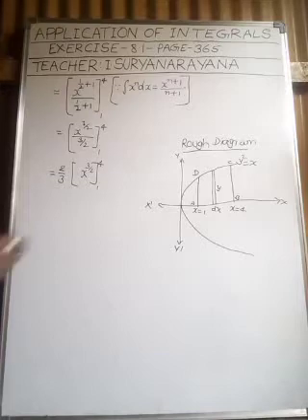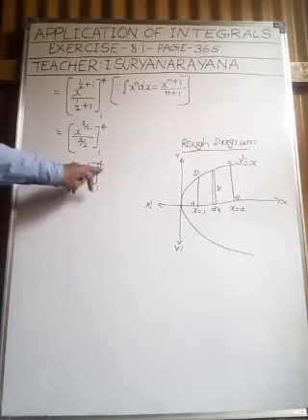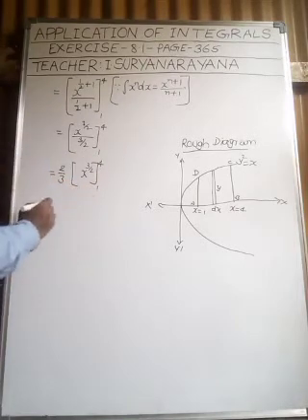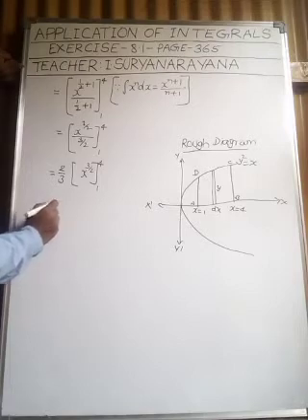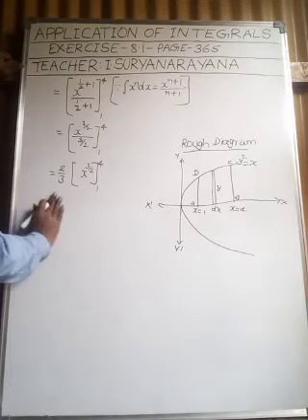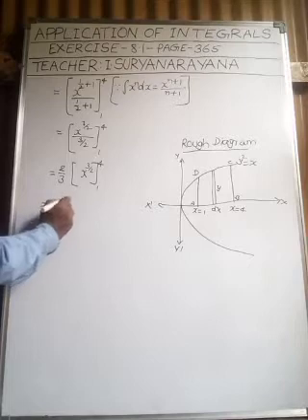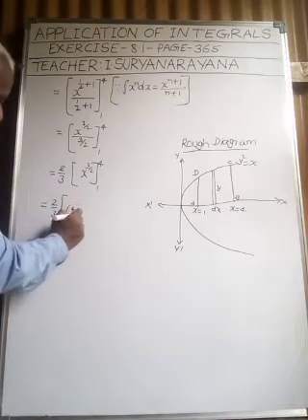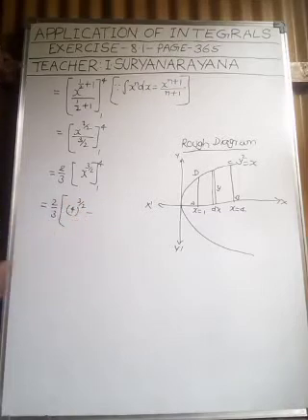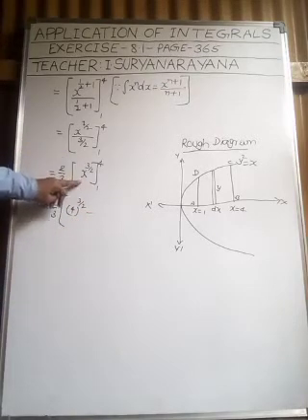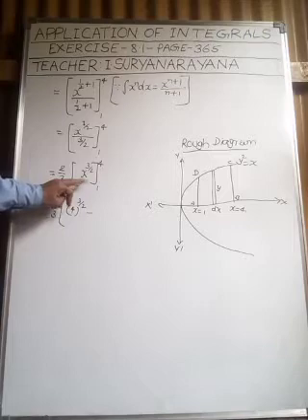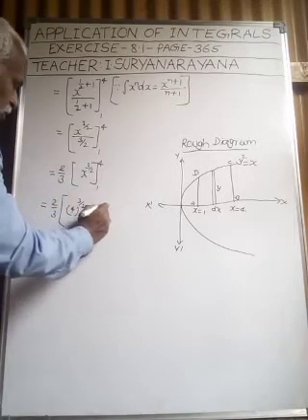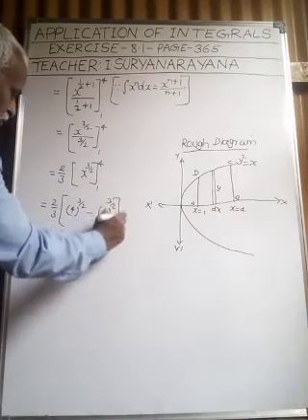In this function, we apply the upper limit minus lower limit. Do you remember those steps, my children? 2 by 3 into, what is the upper limit? 4 power 3 by 2. We substituted the upper limit in this function, minus in the same function we substitute the lower limit, 1 power 3 by 2.